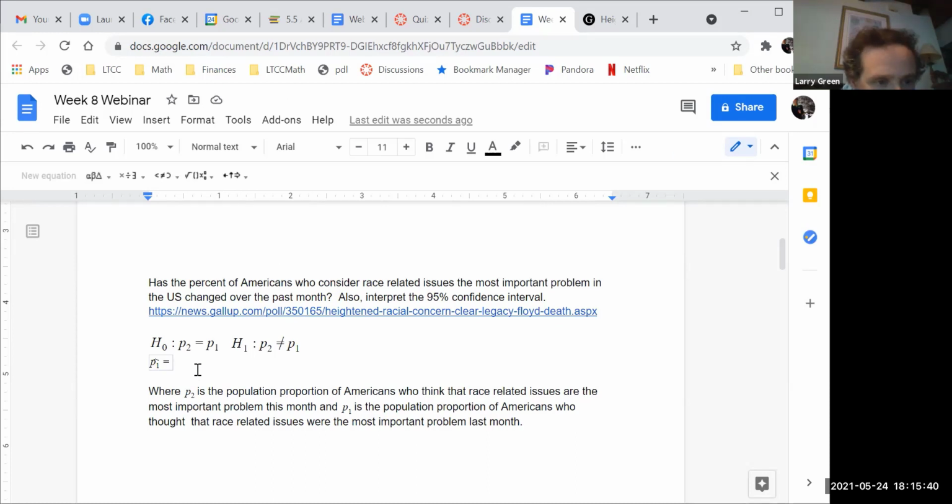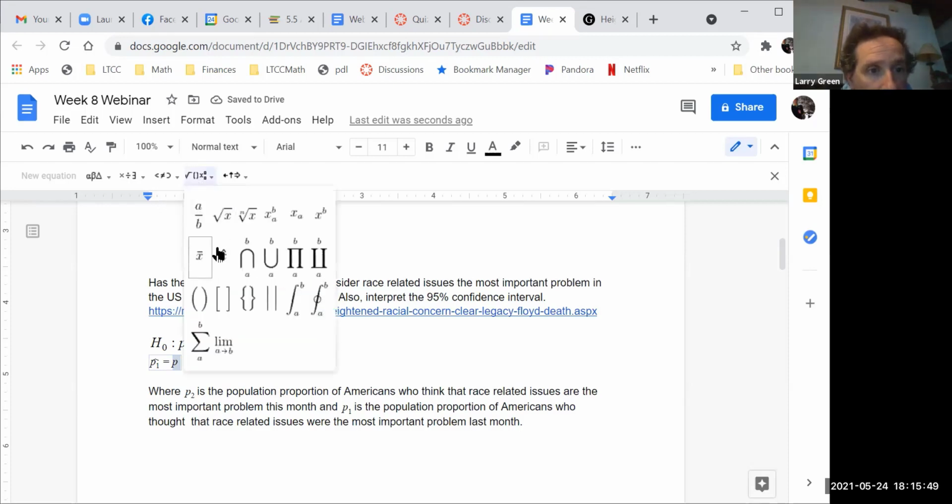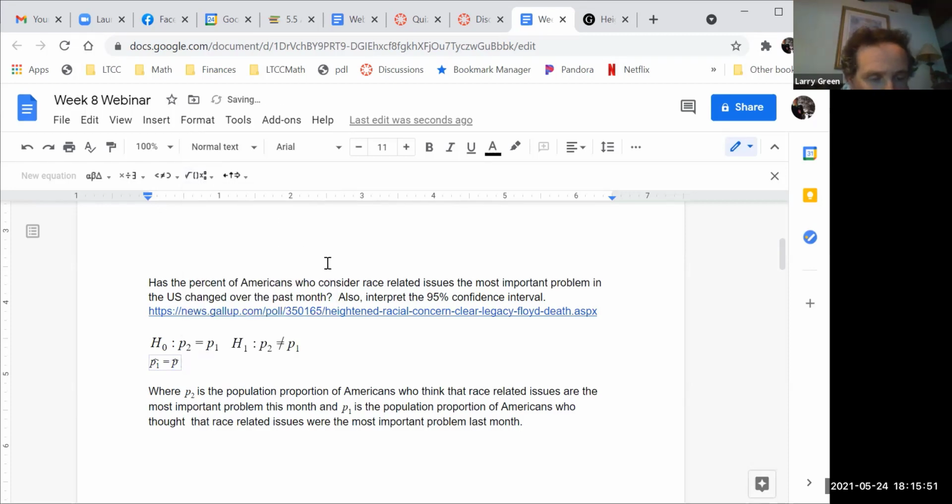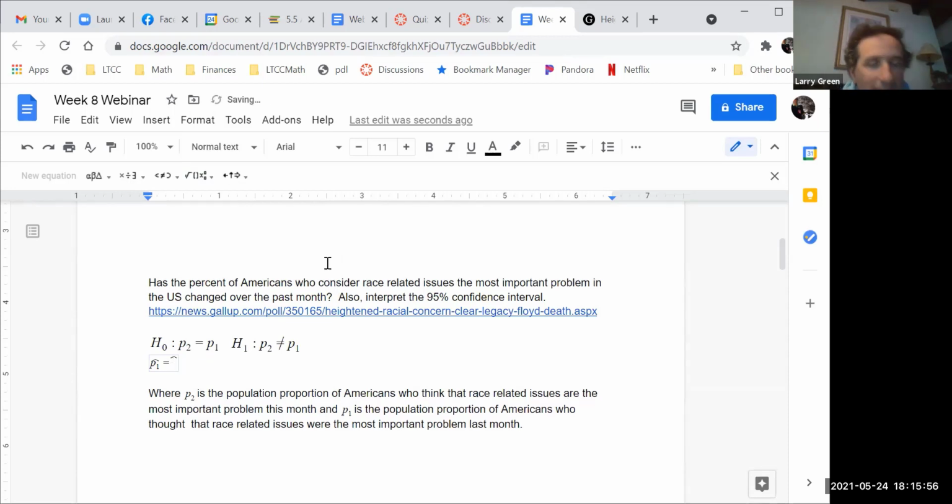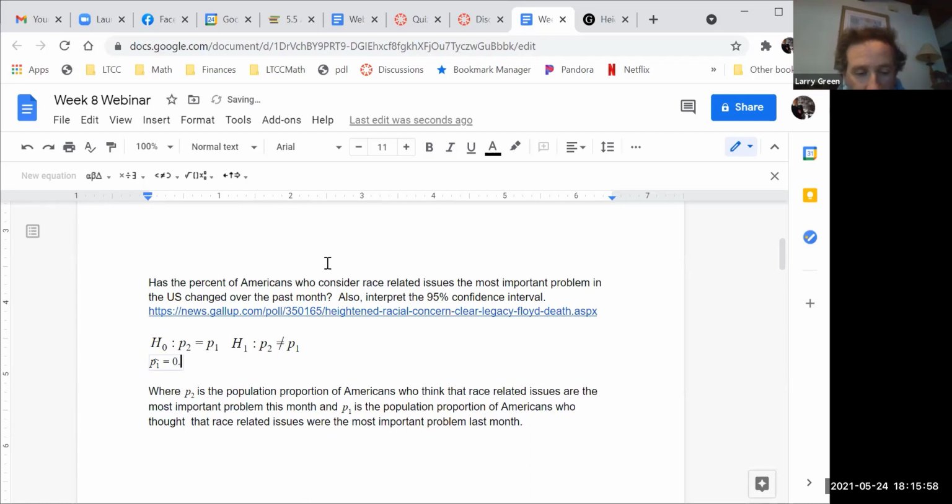P hat 1 was equal to 0.12. And P hat 2 was equal to 0.11.